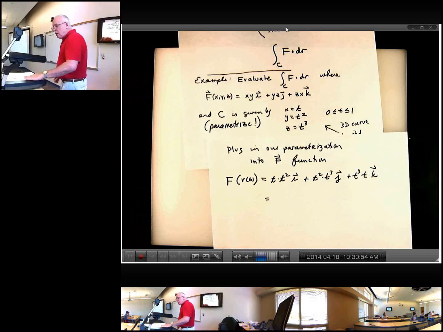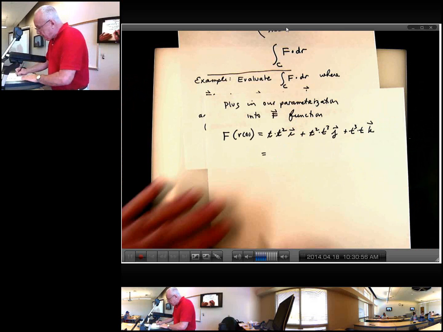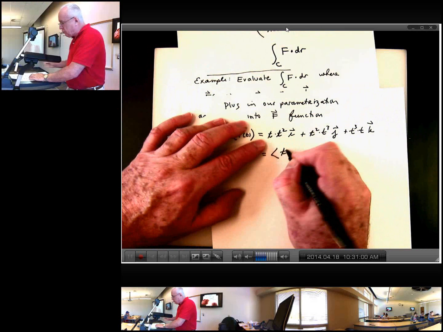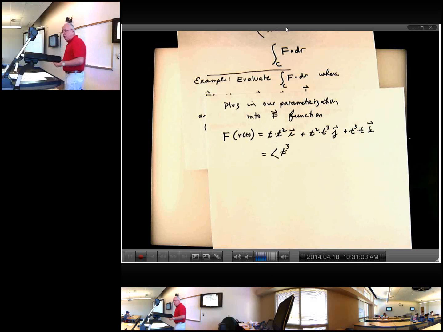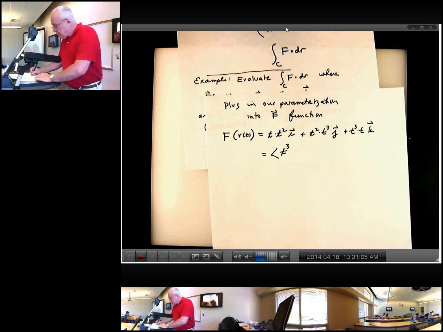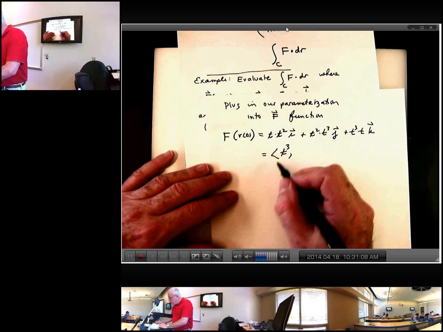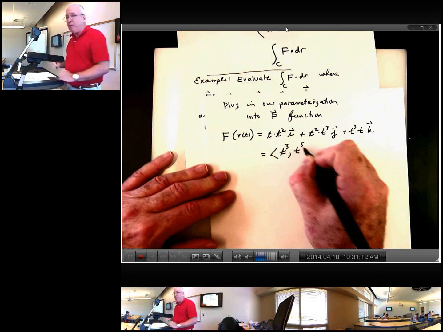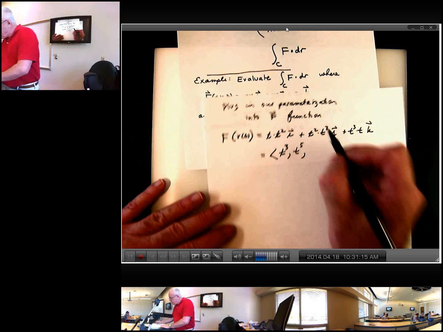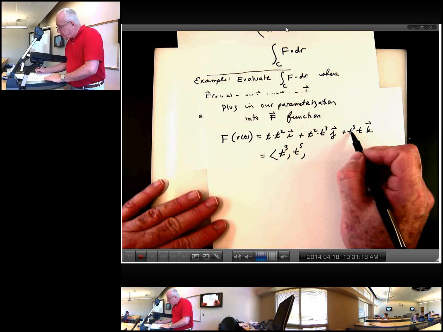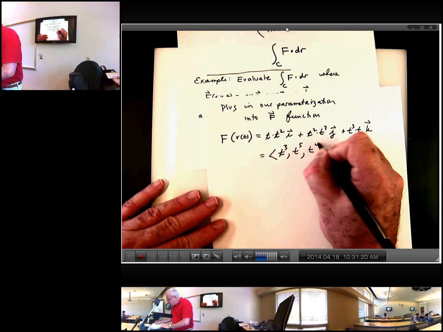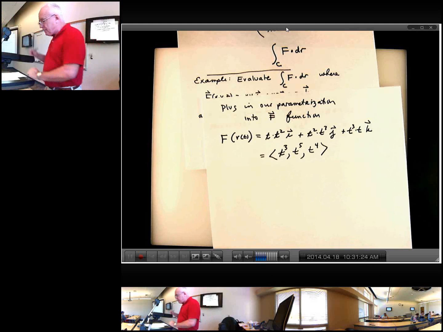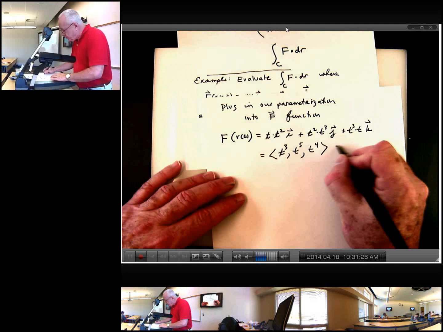Another way of writing this, let's first simplify it using the bracket notation. t times t squared is t cubed, so my first component is t cubed. Then we have t squared times t to the third. That's t to the fifth for my second component. And my third component is t cubed times t to the first. That's t to the fourth. That's my parameterization of the force function.